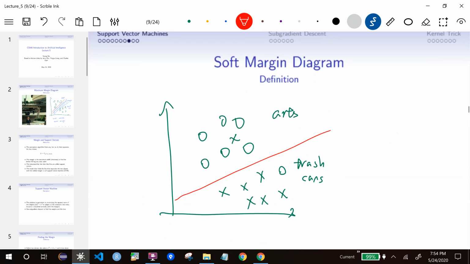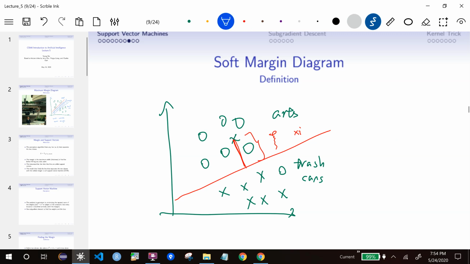So there will be no solution to the constrained optimization problem. What we're going to do is, again, allow mistakes, and we're going to call the mistake the slack variable. We call the distance here psi, the Greek letter xi, but my handwriting is not great. You will see the typed version in the next slide.